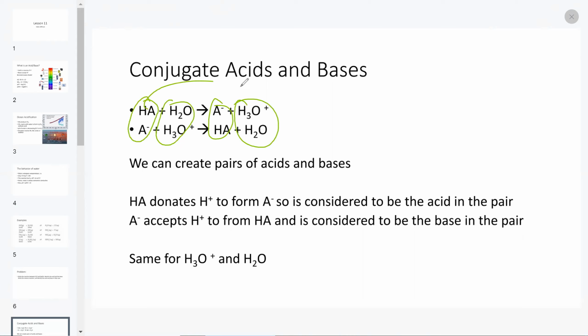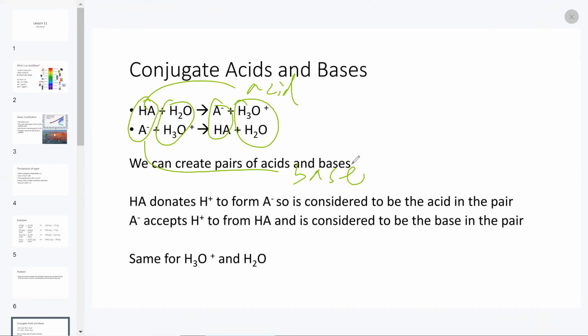HA is an acid, A- is a base. So we call these conjugate acids and bases. A- is the conjugate base of HA, and HA is the conjugate acid of A-.